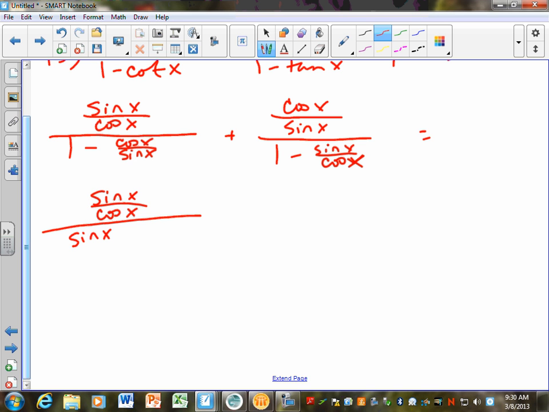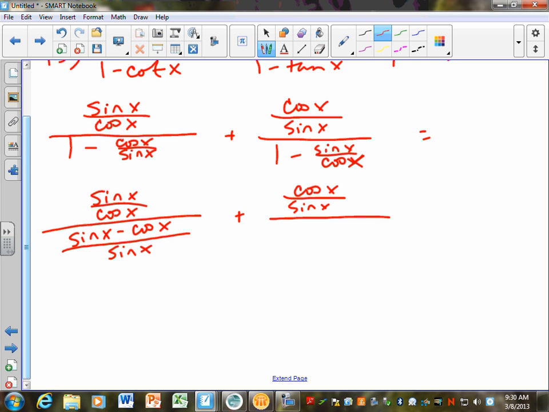This becomes sine of x minus cosine of x all over sine of x. And the same thing over here: cosine of x over sine of x, only this is going to become cosine over cosine.